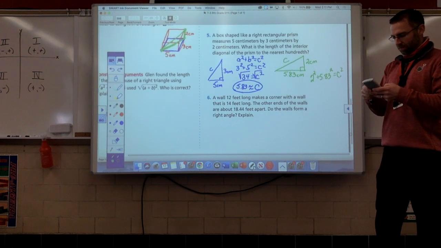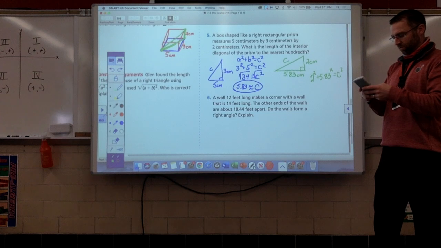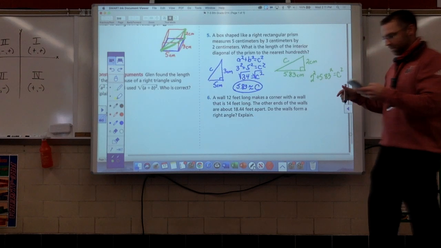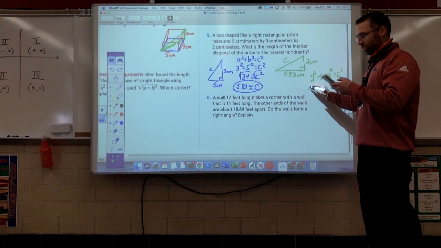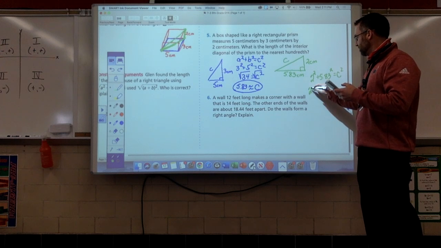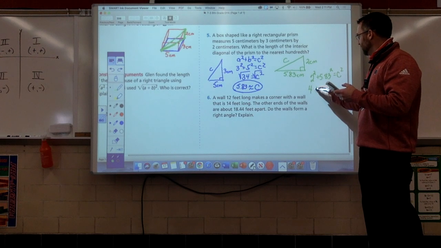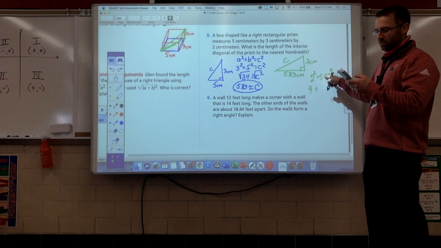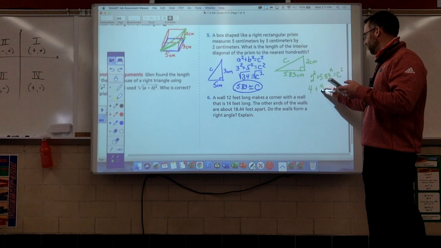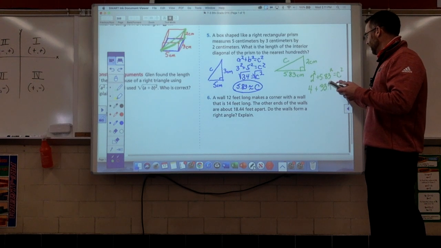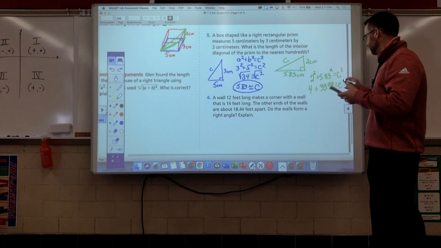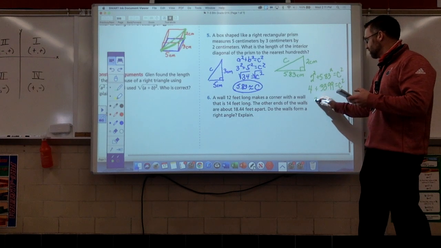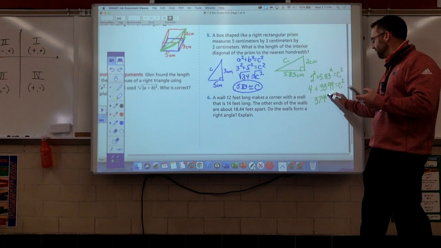Square them and add them together. 5.83 squared, I'm going to round that off, is 33.99. Add them together, that makes 37.99.